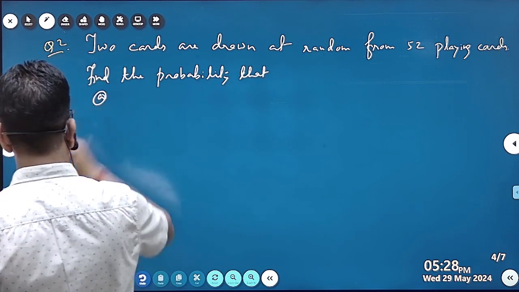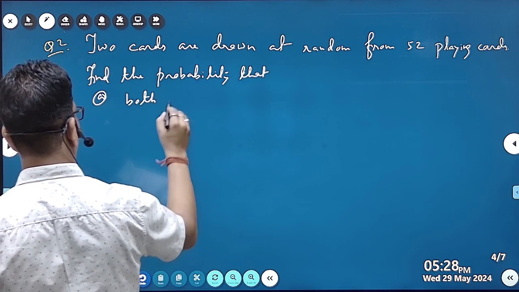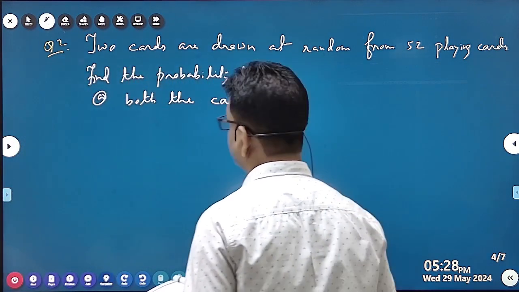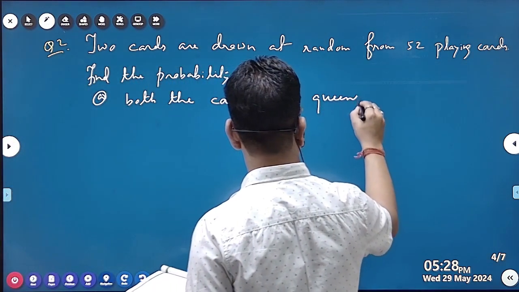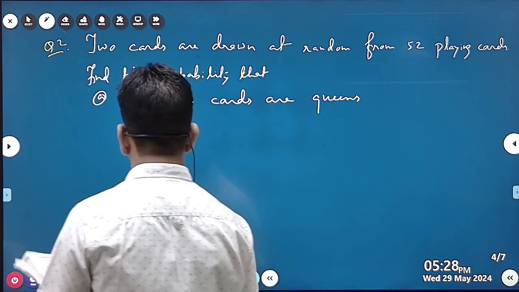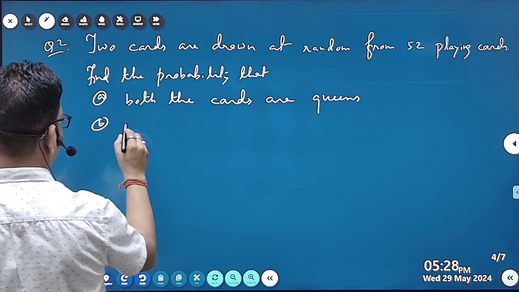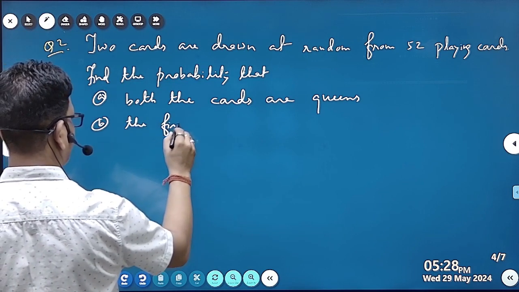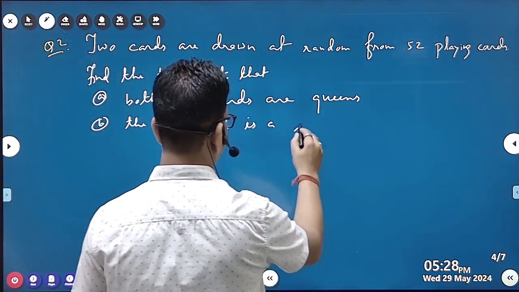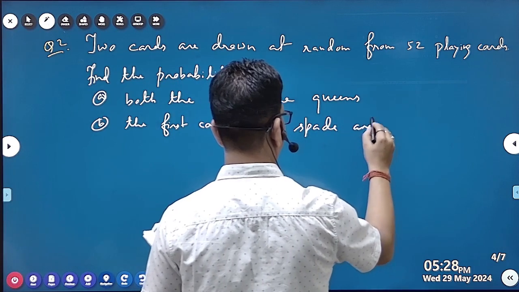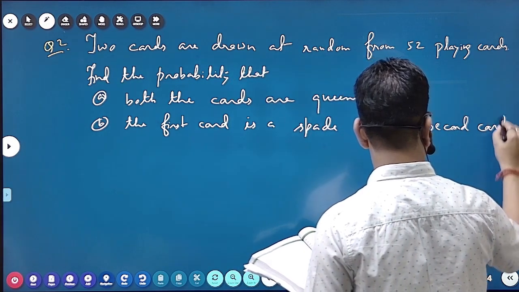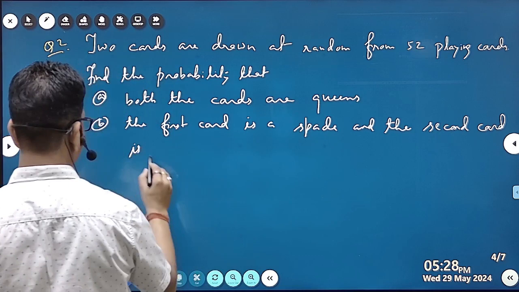Number A, both the cards are queens. Number B, the first card is a spade, and the second card is a diamond card.